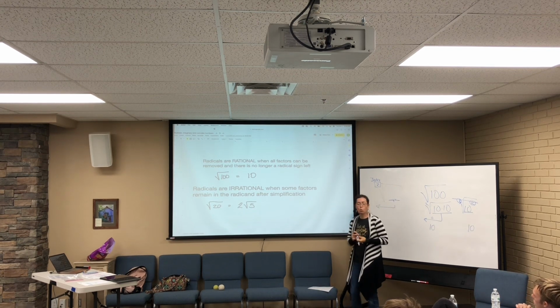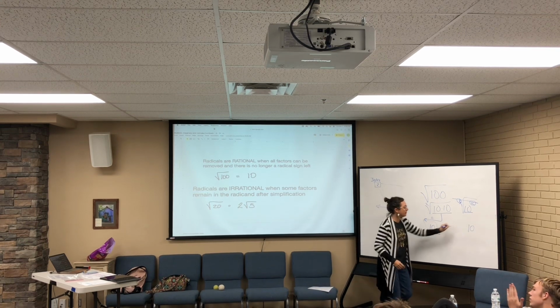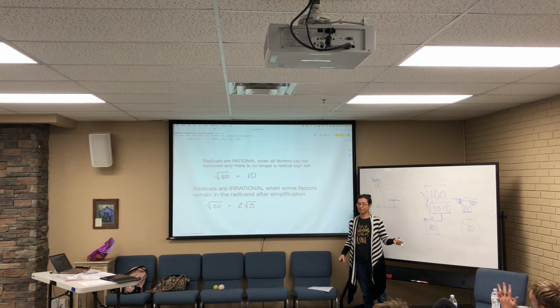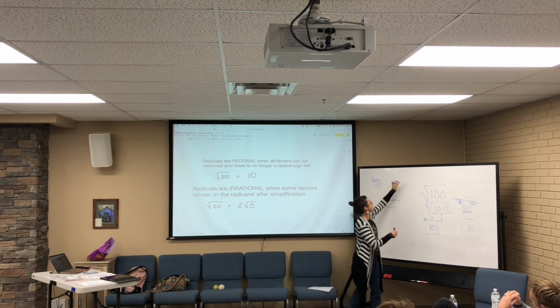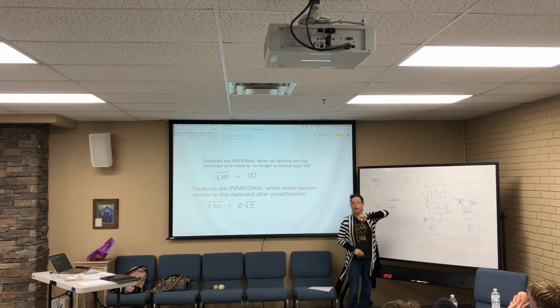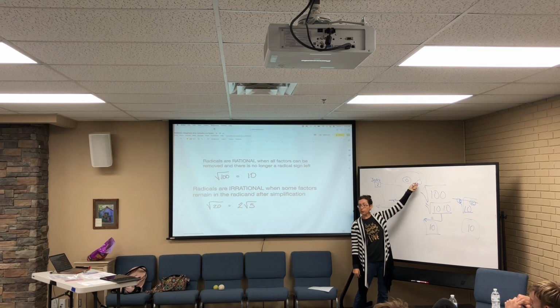Okay? When our radical simplifies completely, it is called a rational number. Remember all the way back to those circles that we did? We had our counting numbers, whole numbers, integers, rational numbers, and then we had irrational numbers.